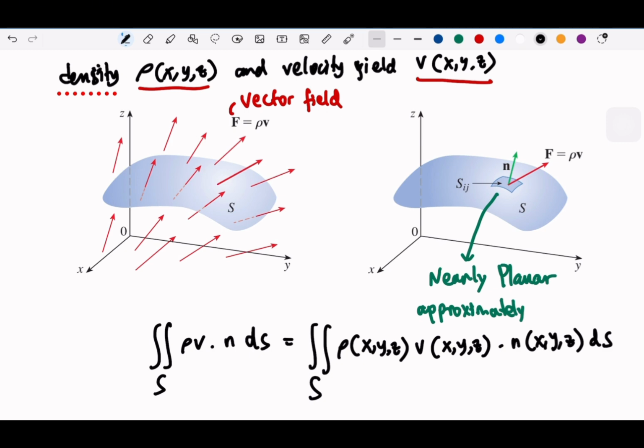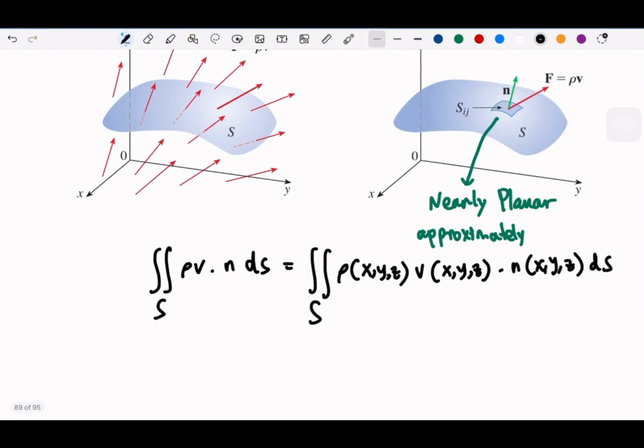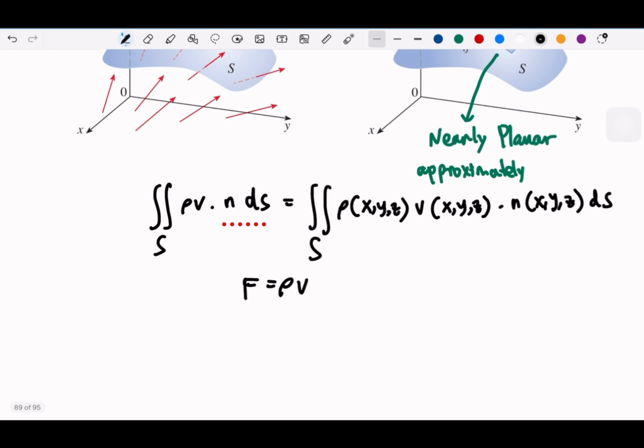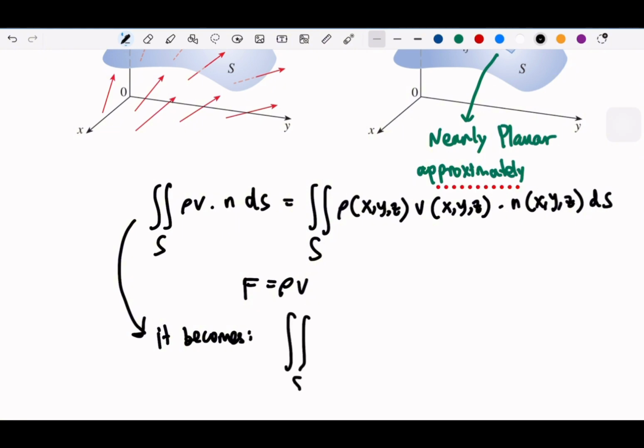If you write that F is rho v, we can turn this interpretation into the surface integral of F dot n dS.